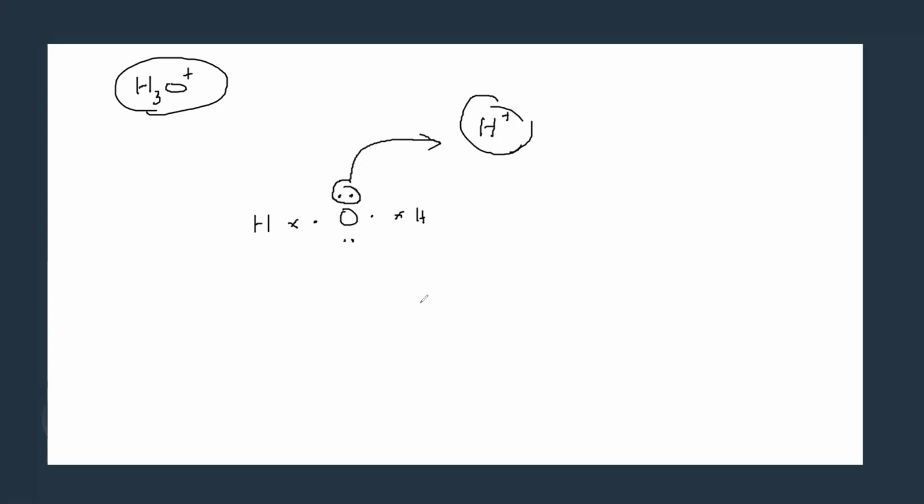So when it is attracted, what will be the new structure? It will be H3O. One of the lone pairs of oxygen forms a bond with the proton. So you can see all are stable now.